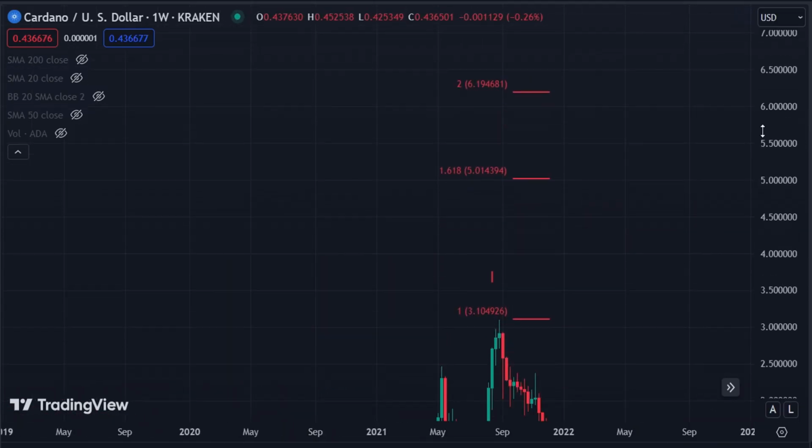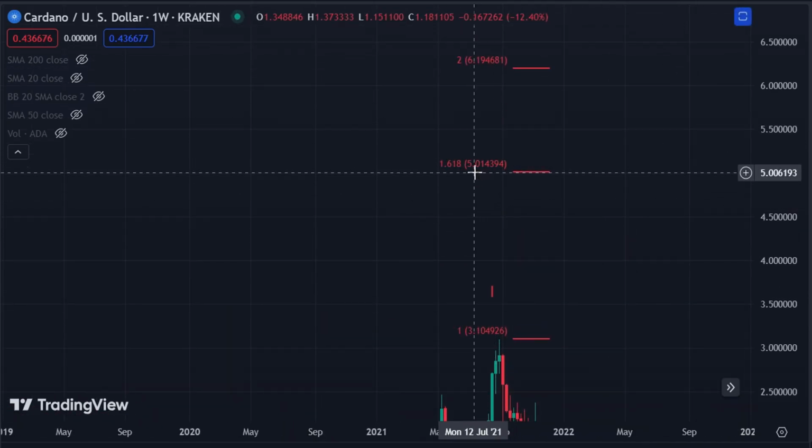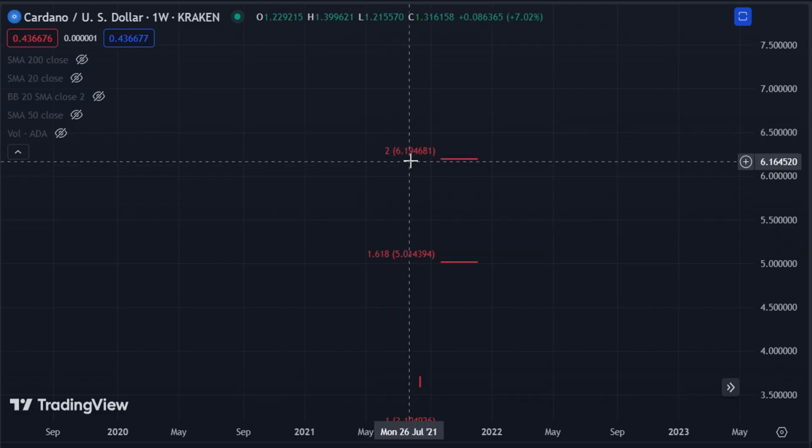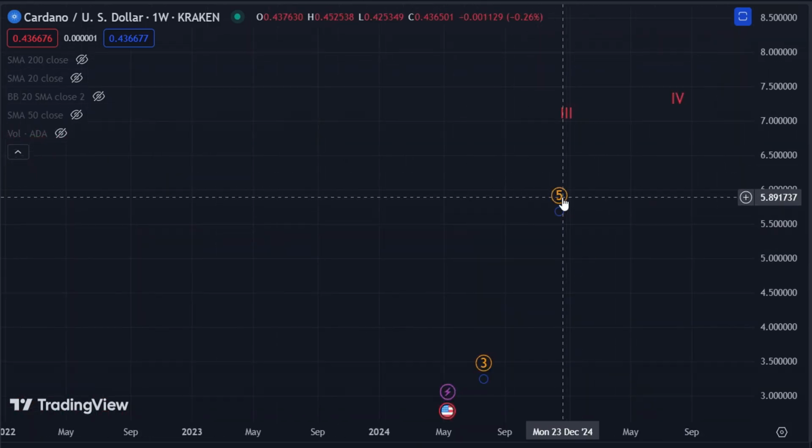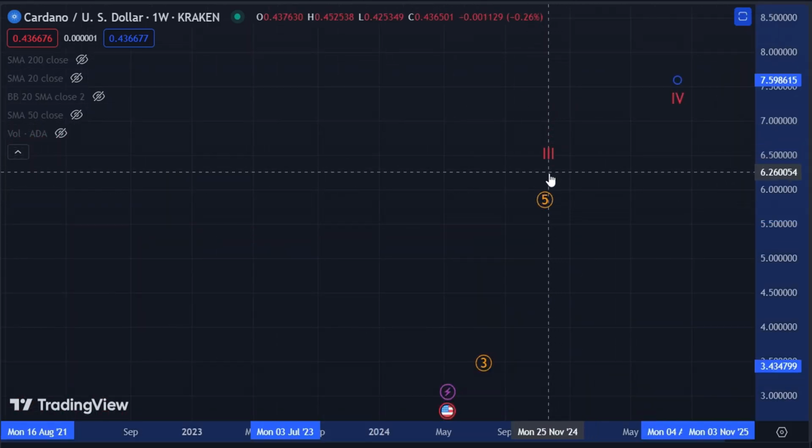So the 1.618 is at $5 and the 200% extension is at 6.19. So that would be a good target for this wave 5 of 3.